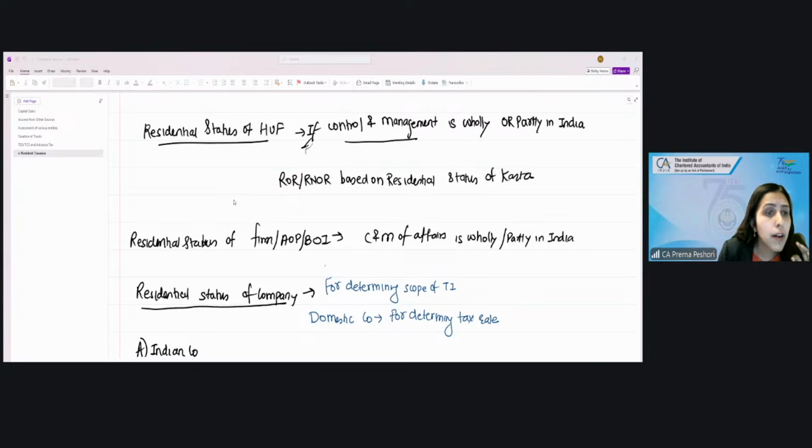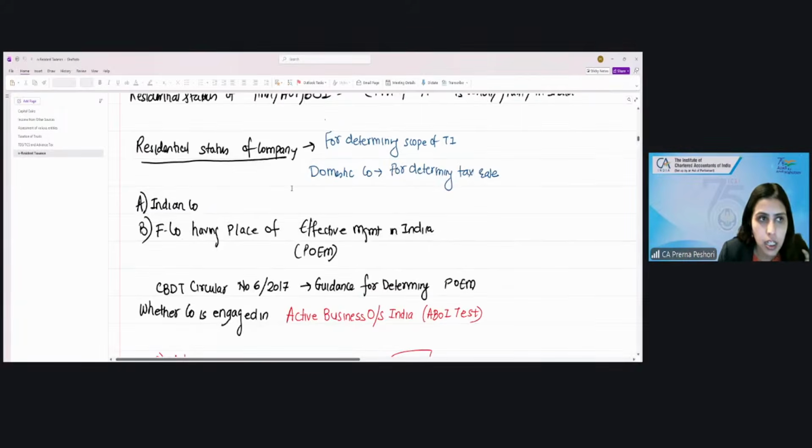Next is about the company. When is a company a resident in India? When the POEM is in India, or it is an Indian company.